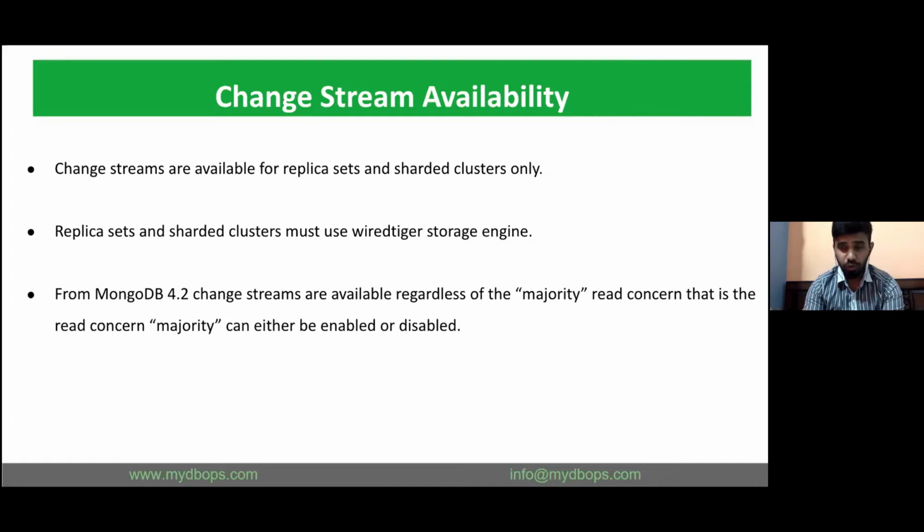From MongoDB 4.2, regardless of the majority read concern, you can enable change stream. But before that, in 4.0 and 3.6, majority read concern has to be enabled. If majority read concern is disabled before 4.2, the change stream would not work as expected.